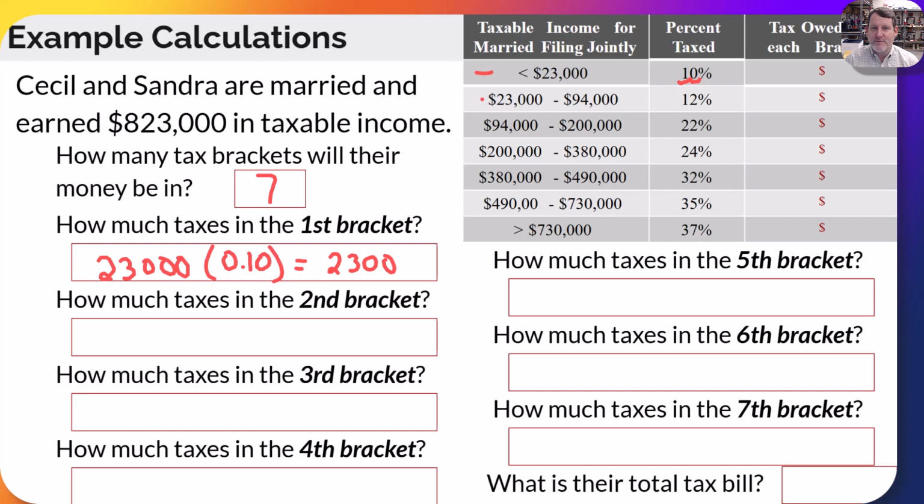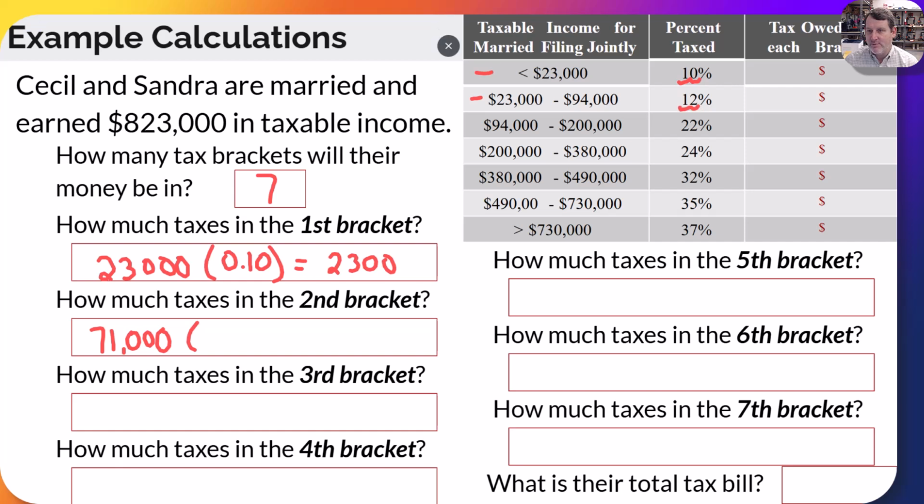Now we've got to go from $23,000 to $94,000. To find out how big this bracket is, we're going to take the 94 and subtract 23. When we do that, we get $71,000. So their next $71,000 goes in this bracket. So it's full, so $71,000, and we're going to multiply that by our 12%.